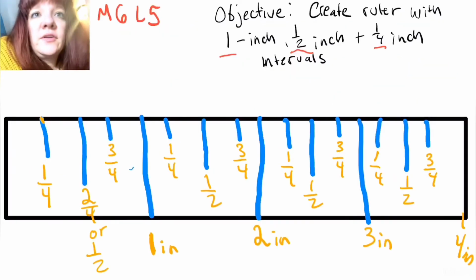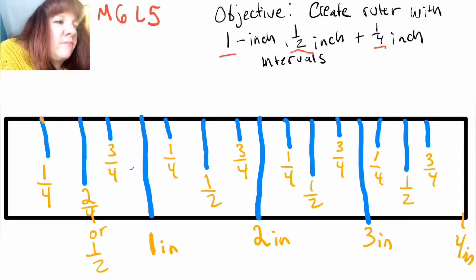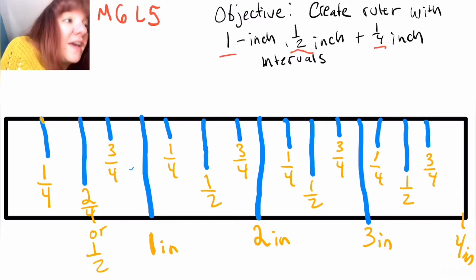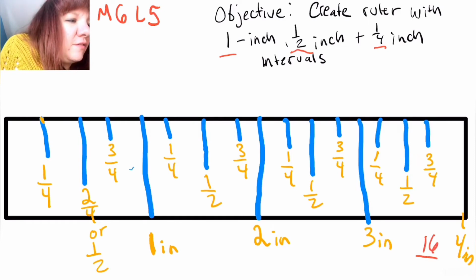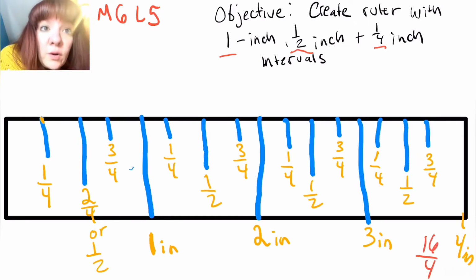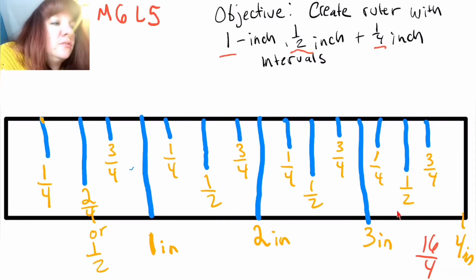So if we were to count each one of these, 1/4, 2/4, 3/4, 4/4, 5/4, 6/4, 7/4, 8/4, 9/4, 10/4, 11/4, 12/4, 13/4, 14/4, 15/4, 16/4, you would have 16/4 or 16 quarters. If you were counting just the inches, you have 1, 2, 3, 4 inches.